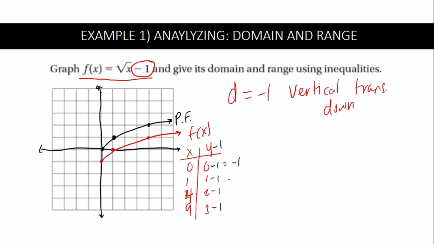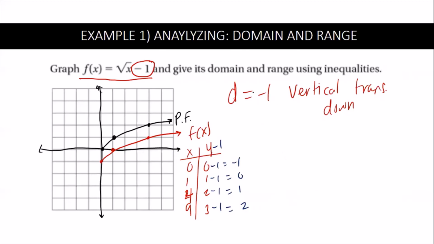And that puts us at -1, 0, 1, and 2. Does that make sense? Yeah. So we see it physically on the graph, and then do you see what happened on the table? So that's why 0's at -1, 1's at 0, 4 is at 1 now. And then it would continue.